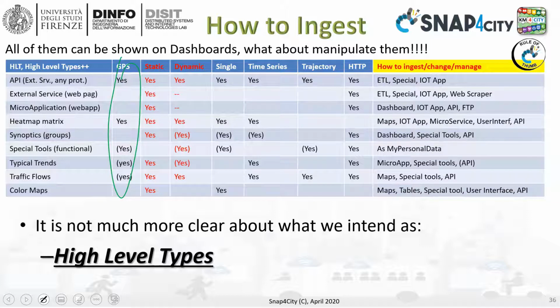They may be static and dynamic. They may also present a time series. You can imagine an evolution over time of the heat map. You may have an evolution over time of the traffic flow. Most of them are quite complex to manage. On the right side of that table, you can see how they can be ingested, how they can be changed, how they can be managed.